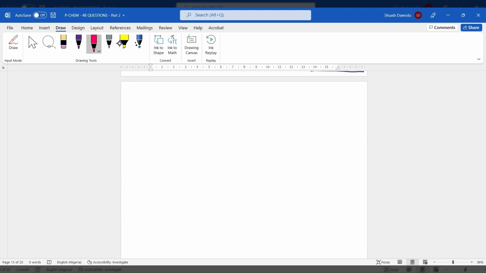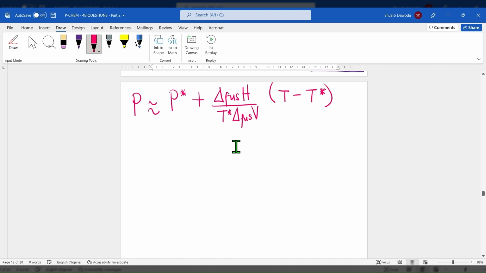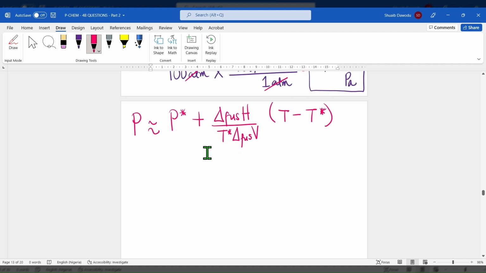So the formula we have is P is equal to P star plus change in enthalpy of fusion divided by T star, change in molar volume of fusion, multiplied by T minus T star. So that's basically what we're doing now.